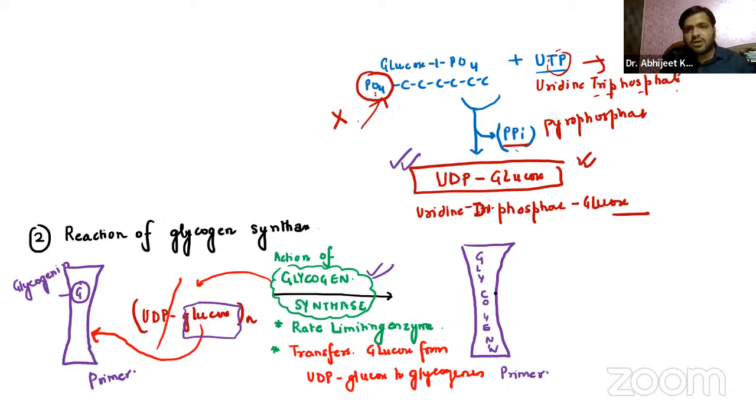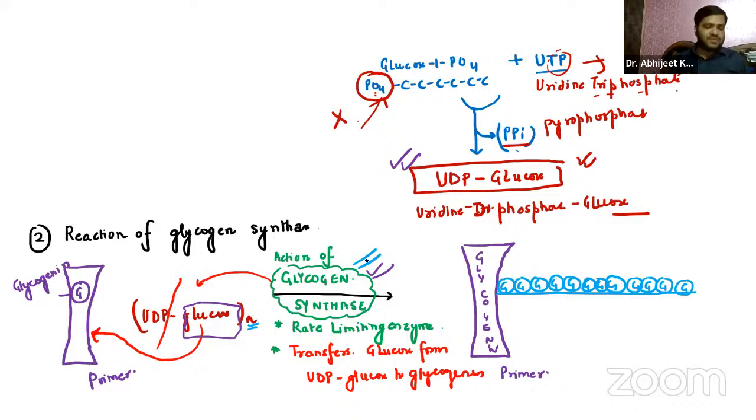We have a lot of glucose molecules added, n number of glucose molecules, it can be multiple. So this glucose will be added to the glycogenin by the action of glycogen synthase.